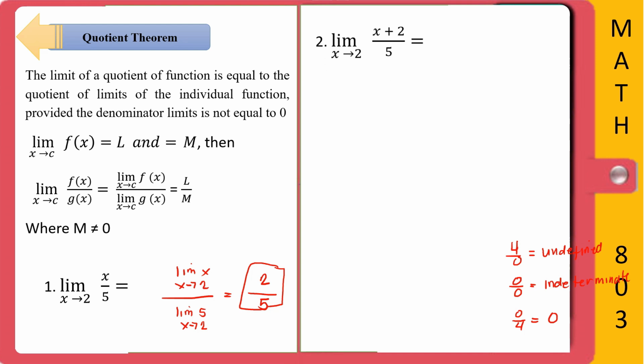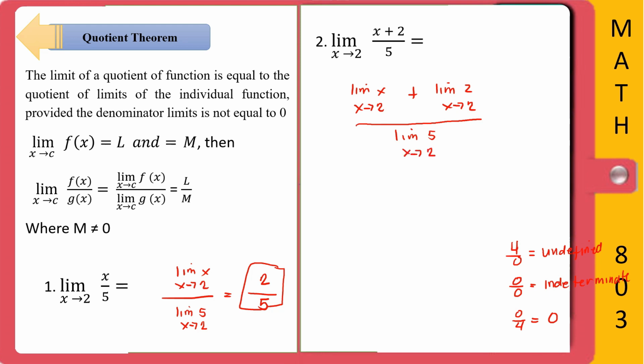Okay, next we have the limit of x plus 2 over 5 as x approaches 2. Again, we need to distribute our limit as x approaches 2 in each term. So it becomes the limit of x as x approaches 2 plus the limit of 2 as x approaches 2 over the limit of 5 as x approaches 2.